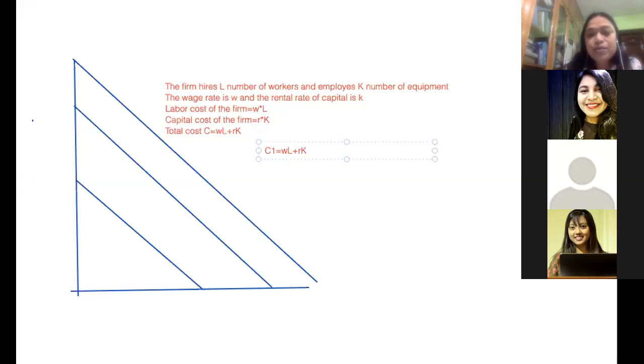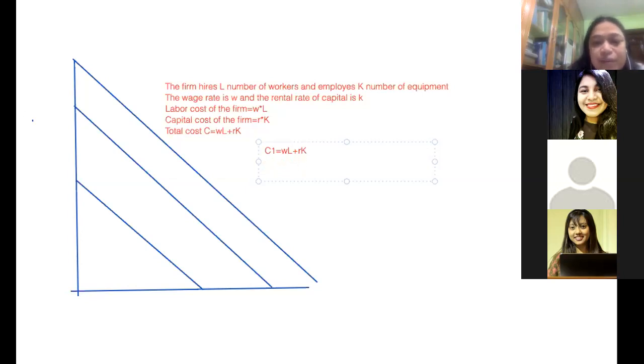So that you understand, we can just rearrange this. WL is equal to C1 minus RK. We do it the other way around.